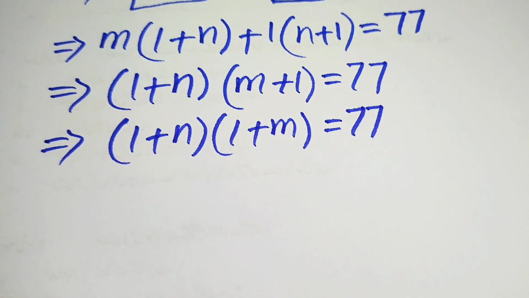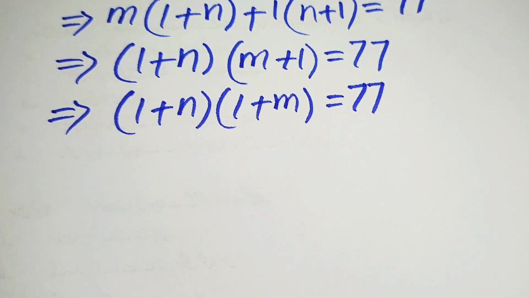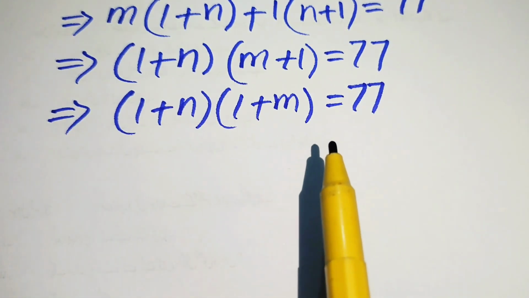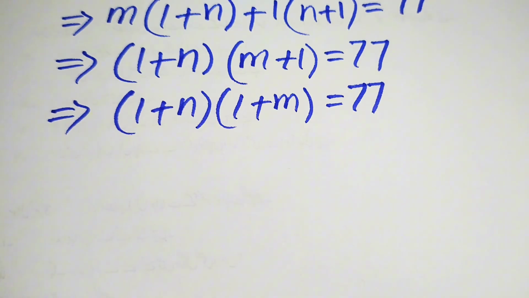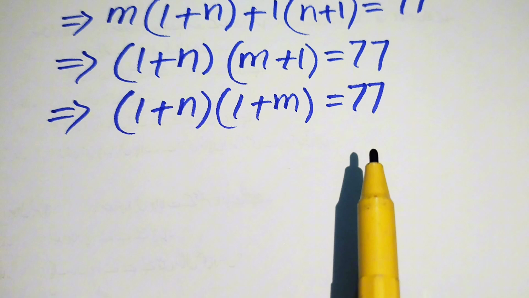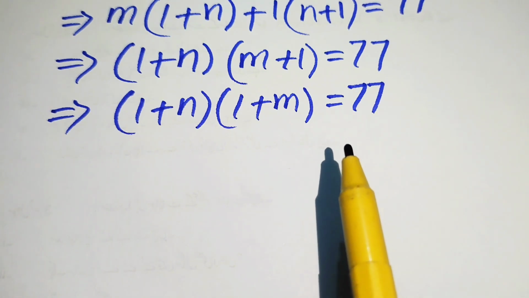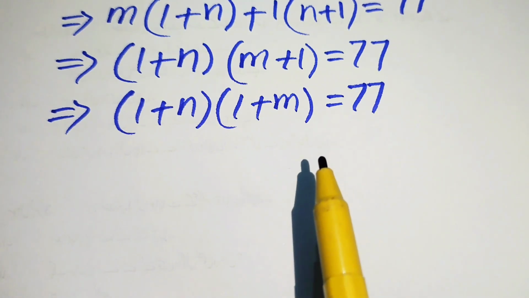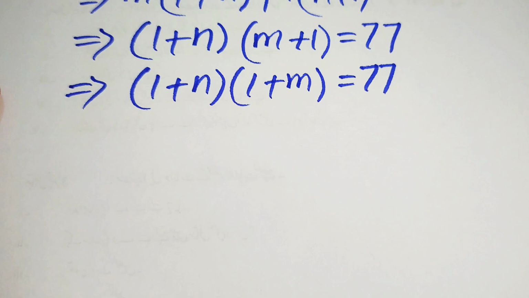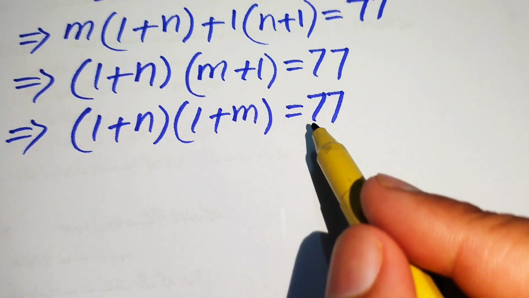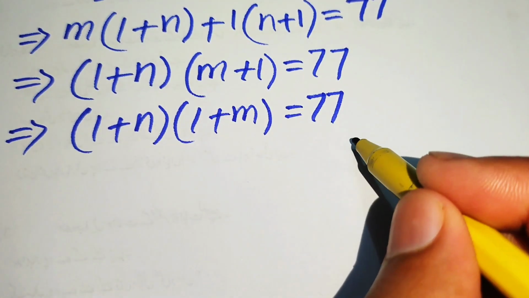Here you focus on the left hand side and you see that two factors are multiplied by each other, but on the right hand side we have only one number. So now we find the possibilities in which the product of two numbers equals 77.